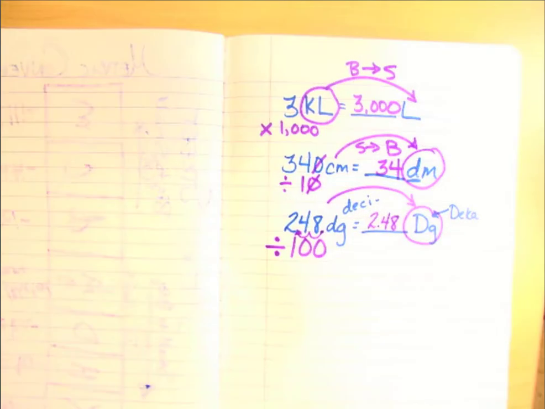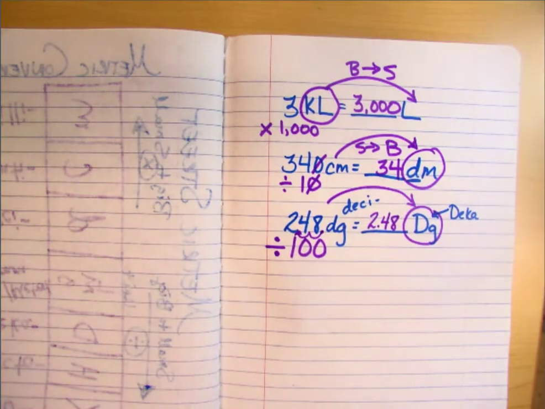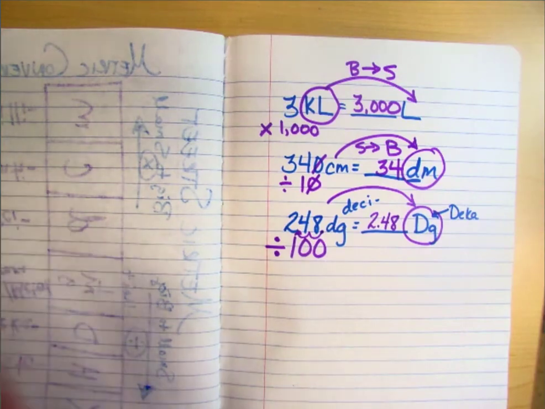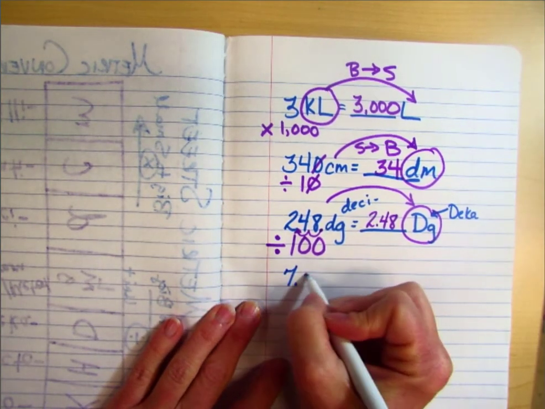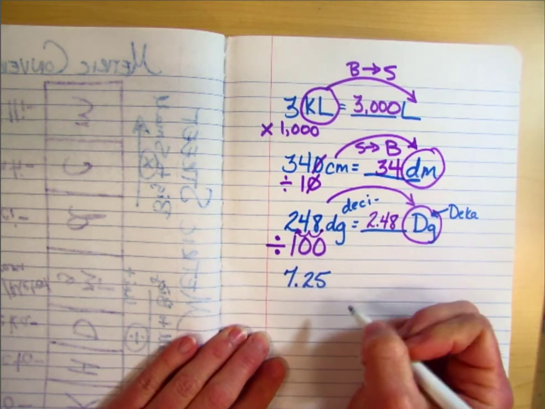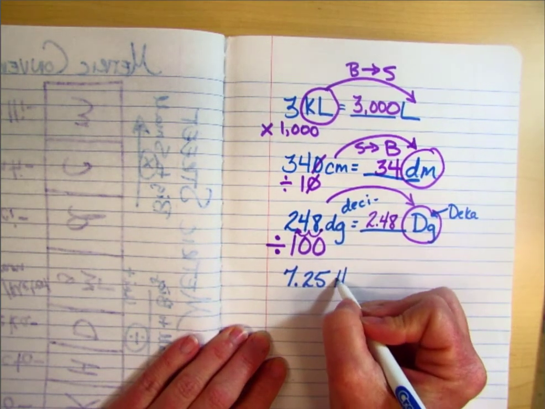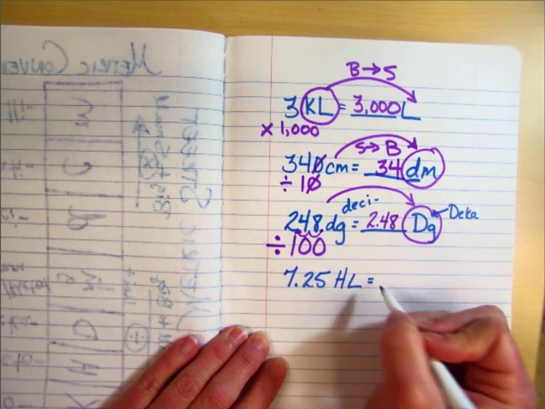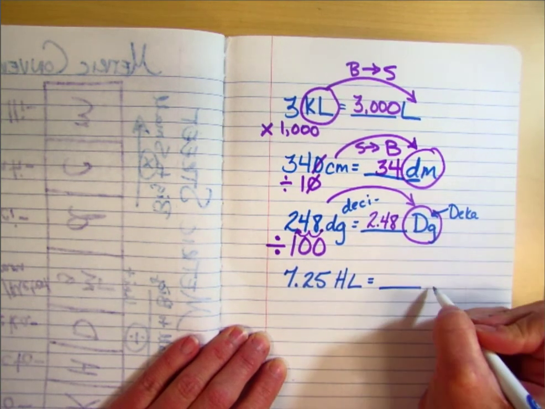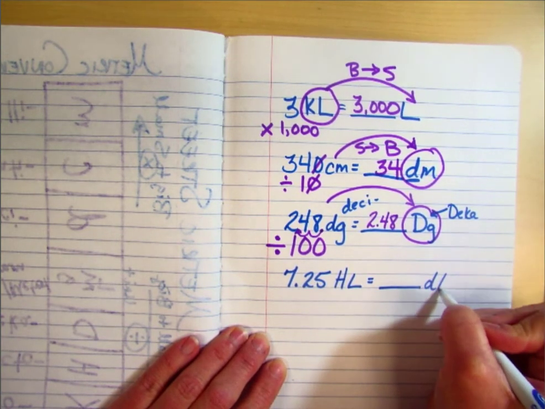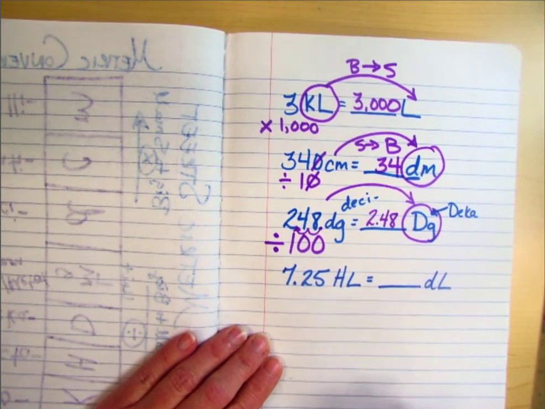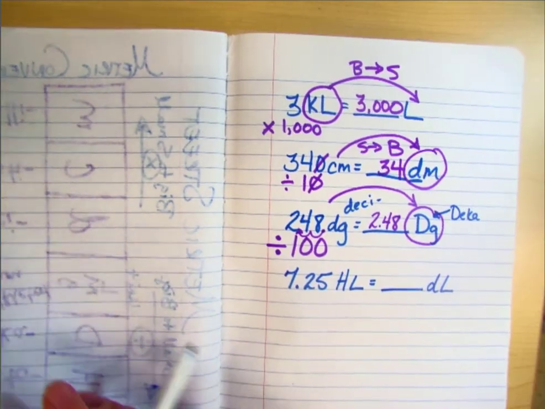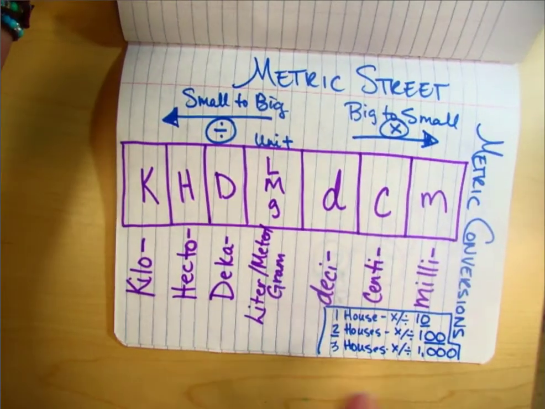If I am doing a problem where I'm multiplying with decimals, let's look at this one. 7 and 25 hundredths. Let's do hectoliters and change it to deciliters. Remember the big H is hecto, okay? I'm going to go to metric street.